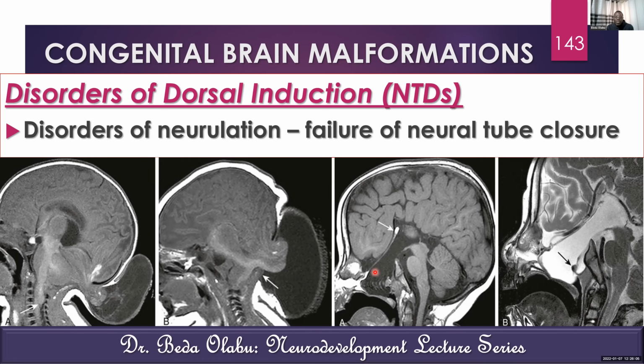How about this one? This is the same as that, except that this is T1 MRI and that's T2 MRI. So here fluid is dark, here fluid is bright. We see a protrusion through the base of skull. If you orient yourself well, look at that, that's a brainstem.